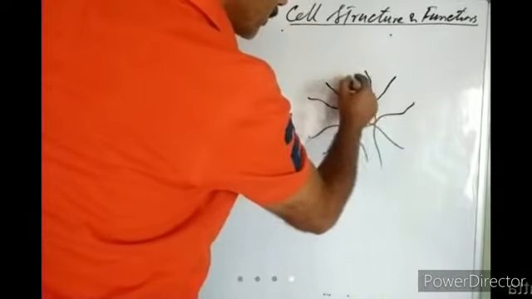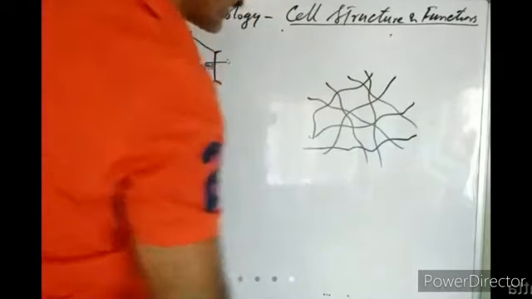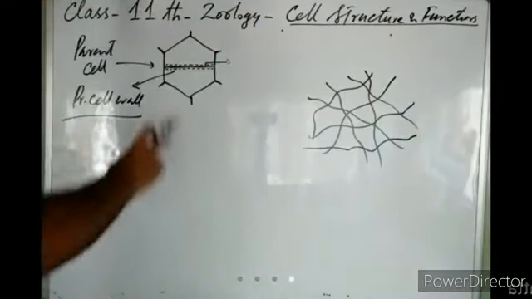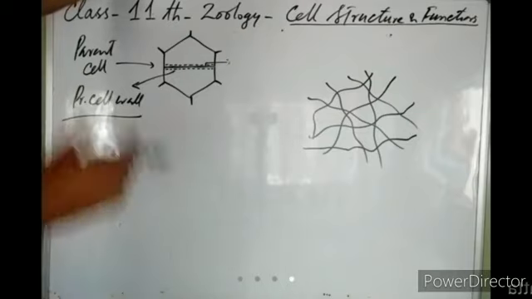And these cellulose microfibrils are laid in the form of a network. You know that cellulose microfibrils are synthesized from beta glucose units. We have discussed the formation of cellulose.